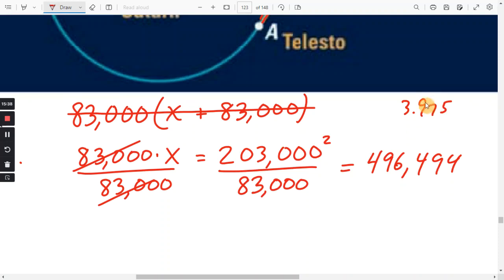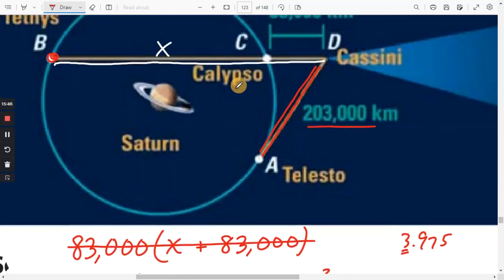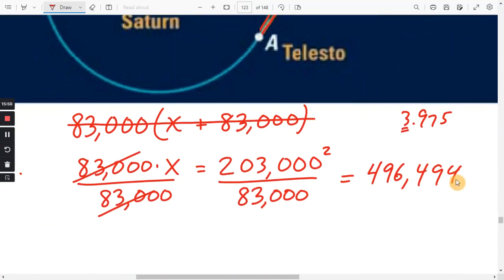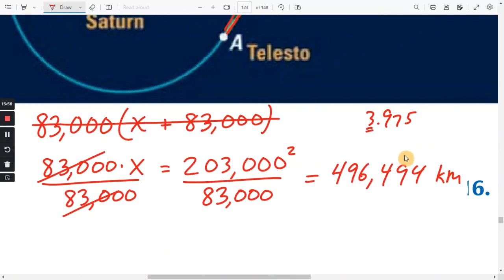So since the 9 was more than 5, I rounded the 3 up to a 4. So that was the last number. Okay, and these units were in kilometers. So this is just in kilometers, km. Final answer.